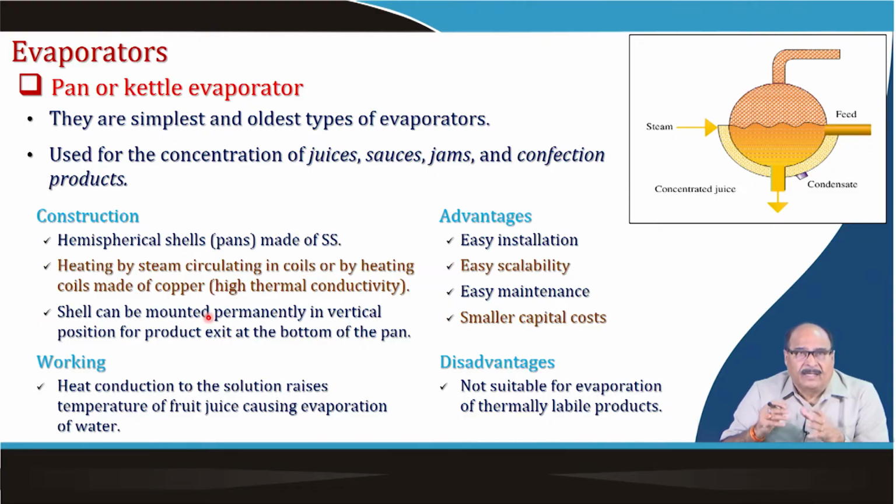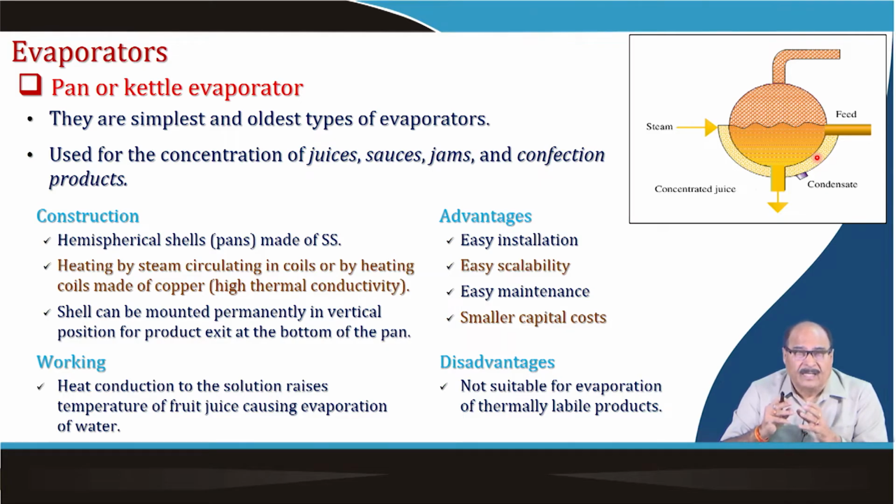Then another evaporator is the pan or kettle evaporator. These are the simplest and oldest type of evaporators used for concentration of juices, squashes, jams and confection products. These are hemispherical shells or pans made of stainless steel. Heating is done by steam circulating inside heating coils, which are made of copper.